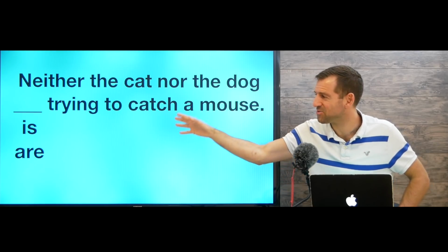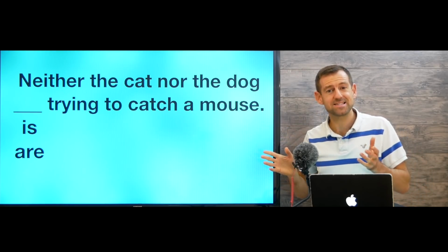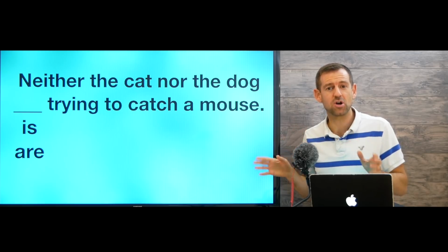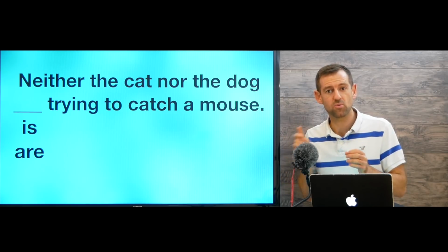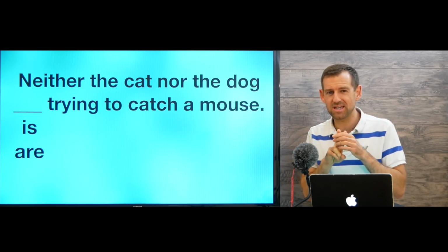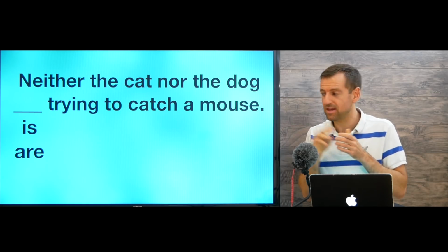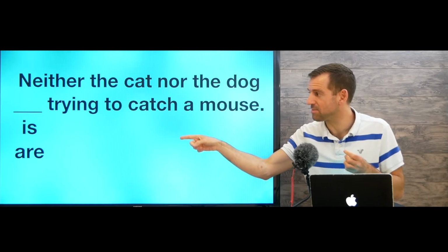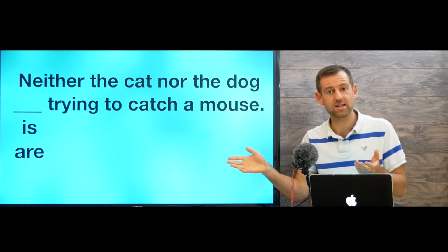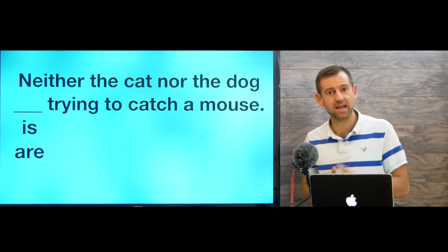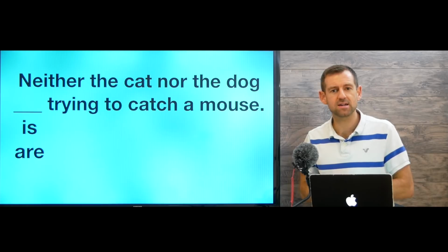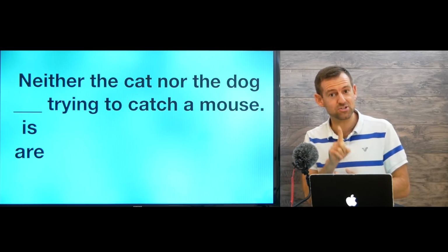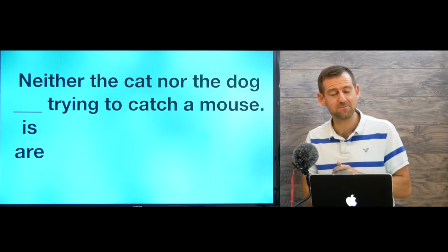Okay, but you know what? Like I said, this, in my opinion, is not very important with the words each, either, neither, these words. Like for normal sentences, subject-verb agreement is very important, right? Like you can't say, Julie like cookies. Julie like, no, it has to be Julie likes, because Julie is one person, right?